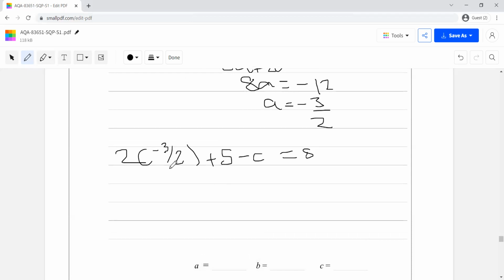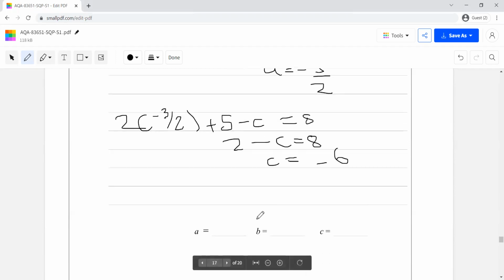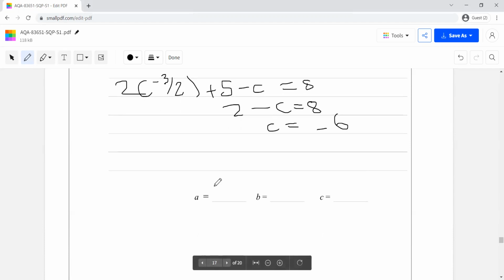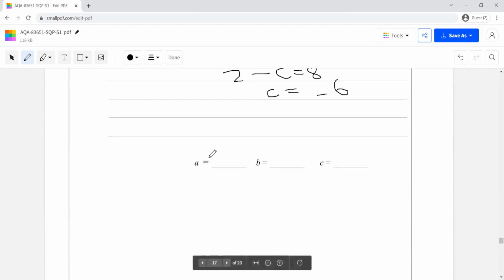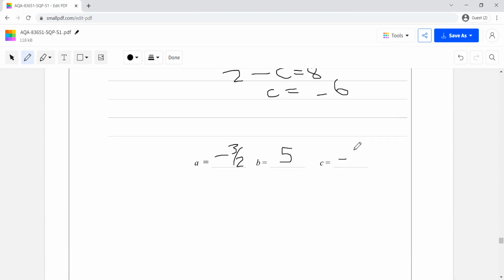Okay, so minus 3 plus 5 is 2. So 2 minus c is equal to 8, so c is equal to minus 6. And that is what we do. So we have a is equal to minus 3/2, b is 5, and c is minus 6.